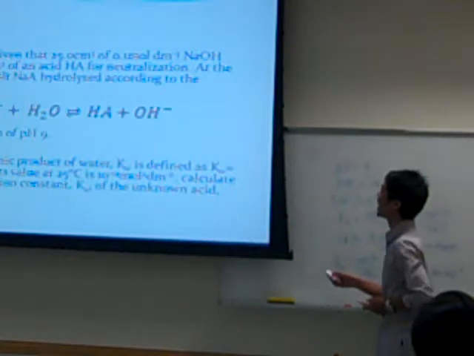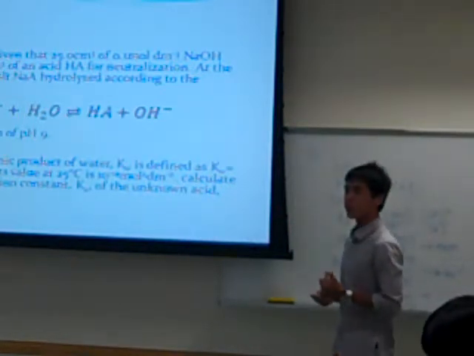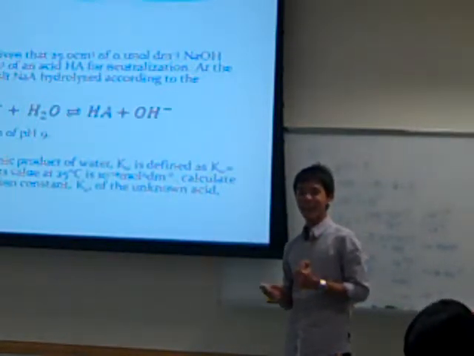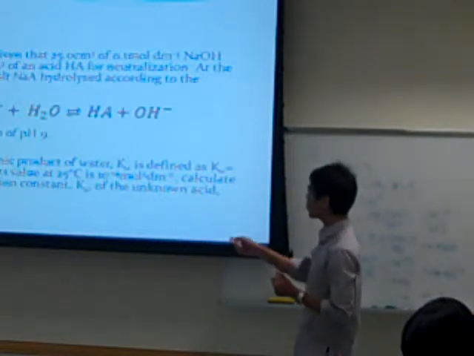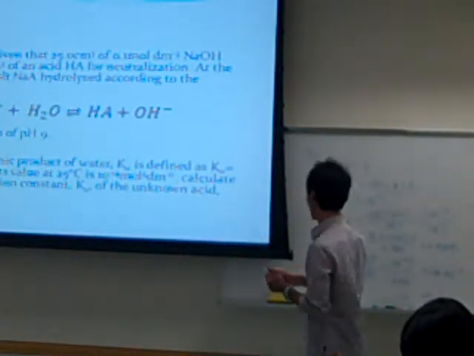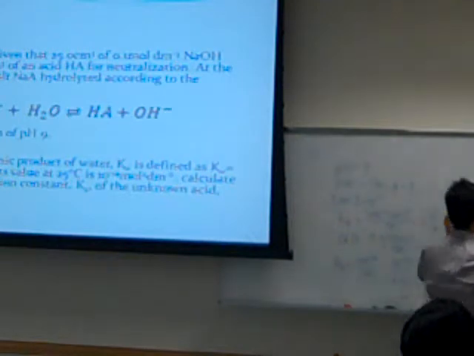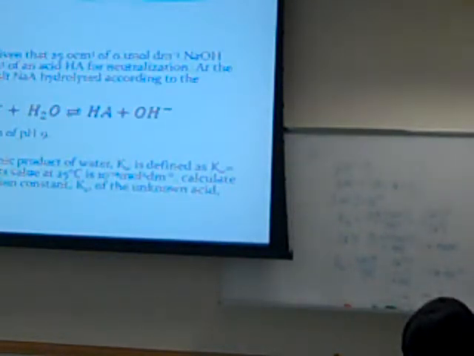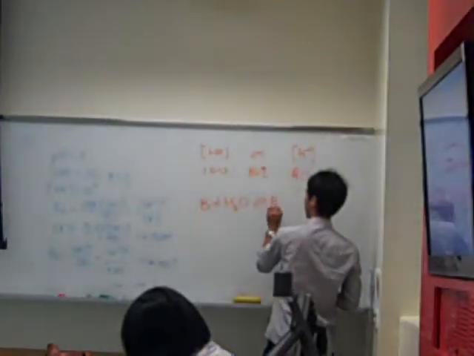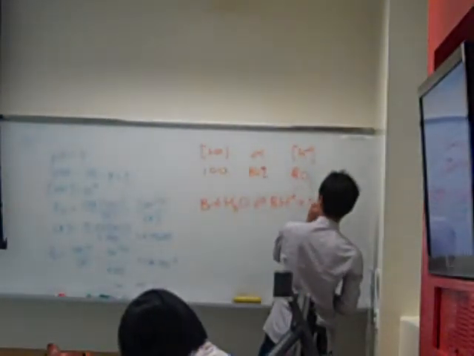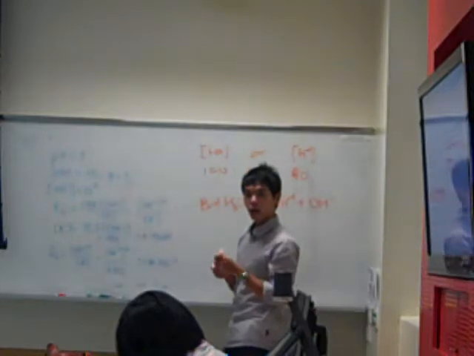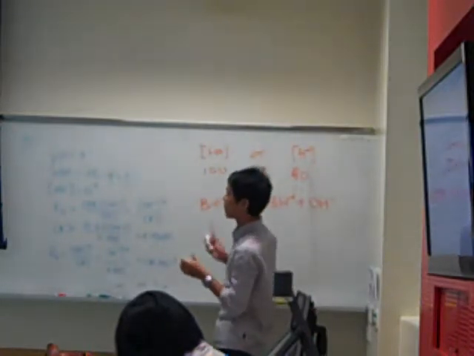Question 2. Have you looked at question 2? How do you go about doing this question? In our lecture notes, if you still remember, I have an expression for Kb like this.